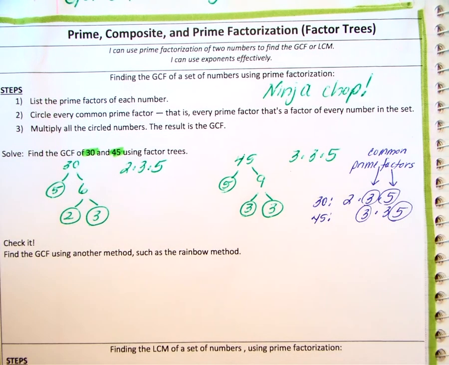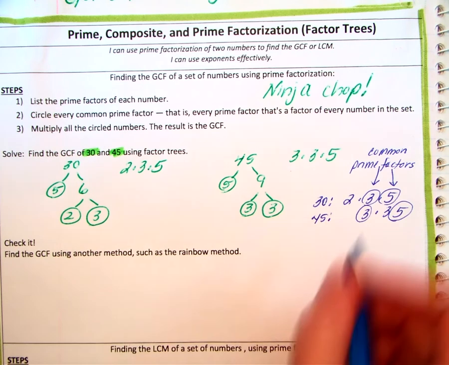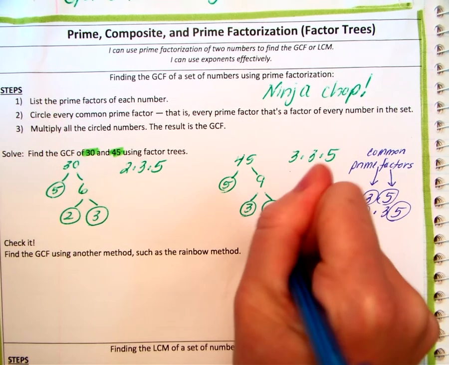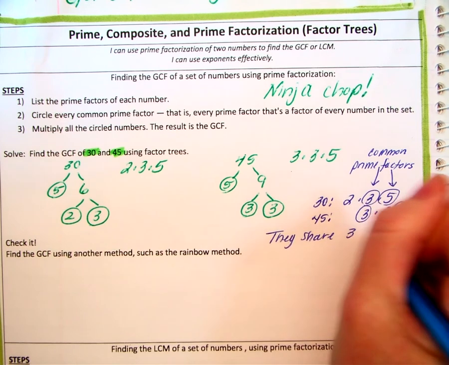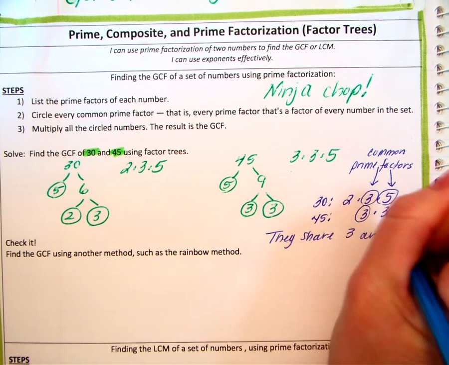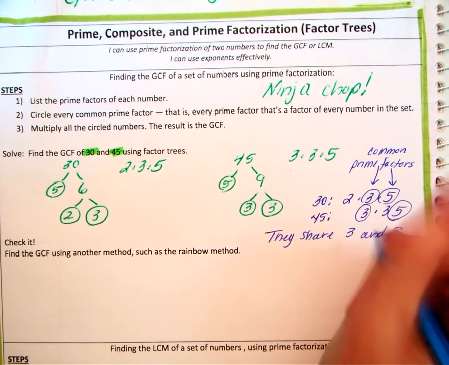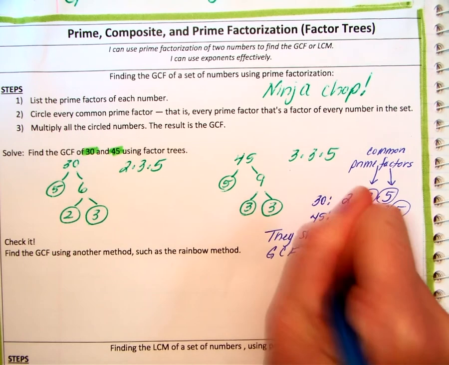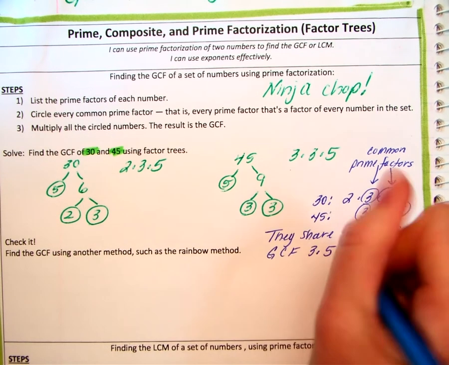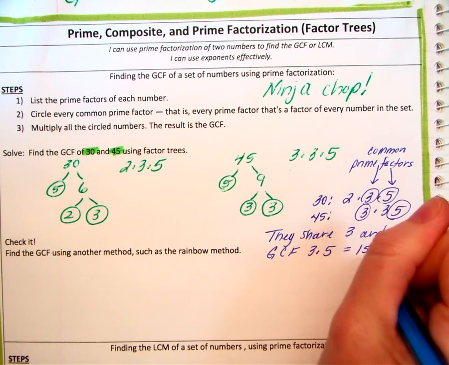Well, when you're finding the GCF using prime factorization, you multiply the common prime factors. So they share 3 and 5. The GCF will be 3 times 5, which equals 15.